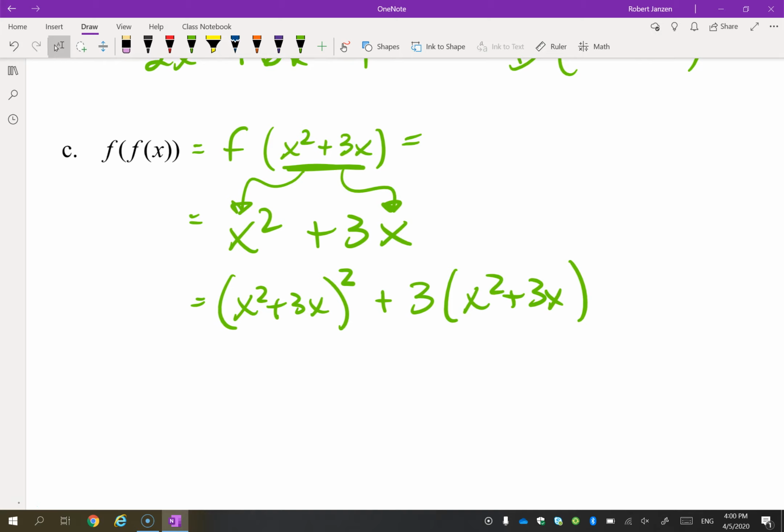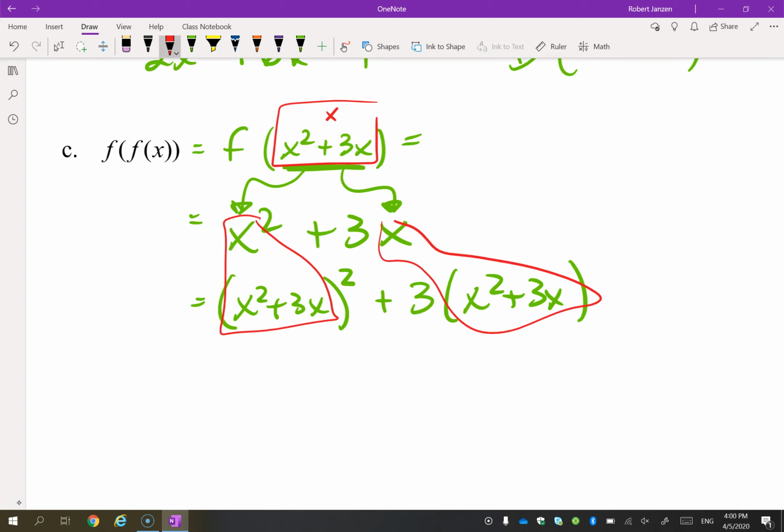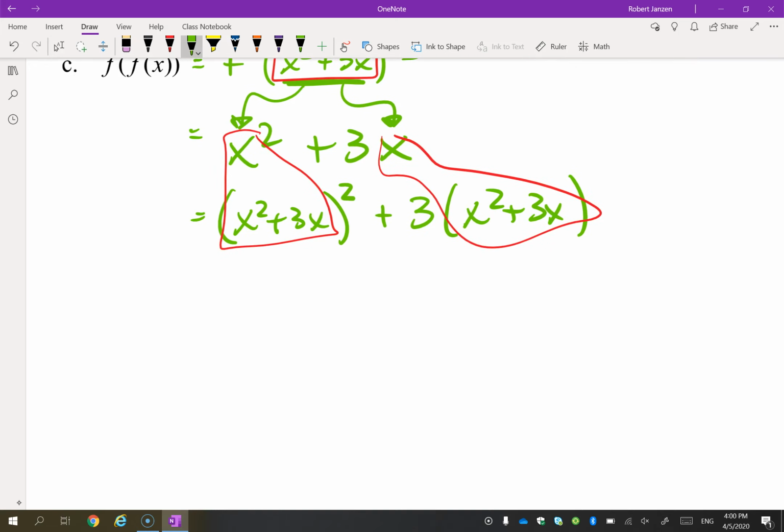Okay, so are we clear what's going on there? This is my x, so it goes in where the two x's were in that equation. Okay, and simplifying, well, this is going to get a little bit uglier. And then you have plus 6x cubed plus 9x squared plus 3x squared plus 9x.